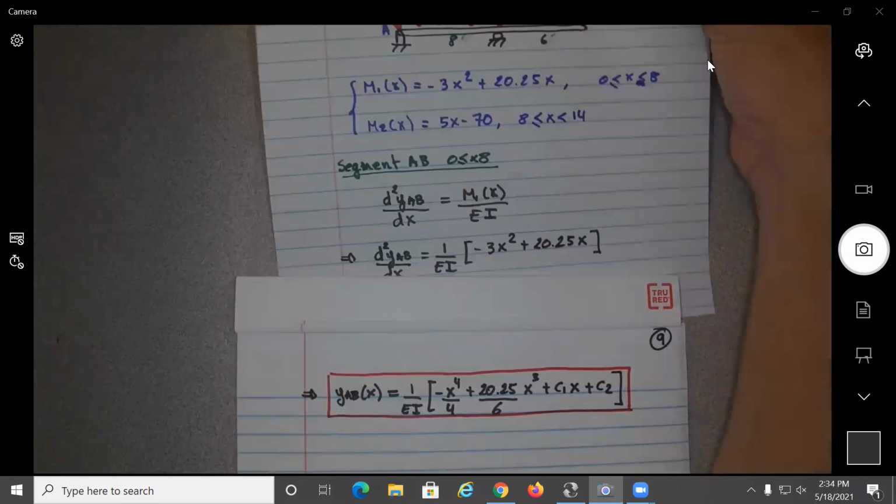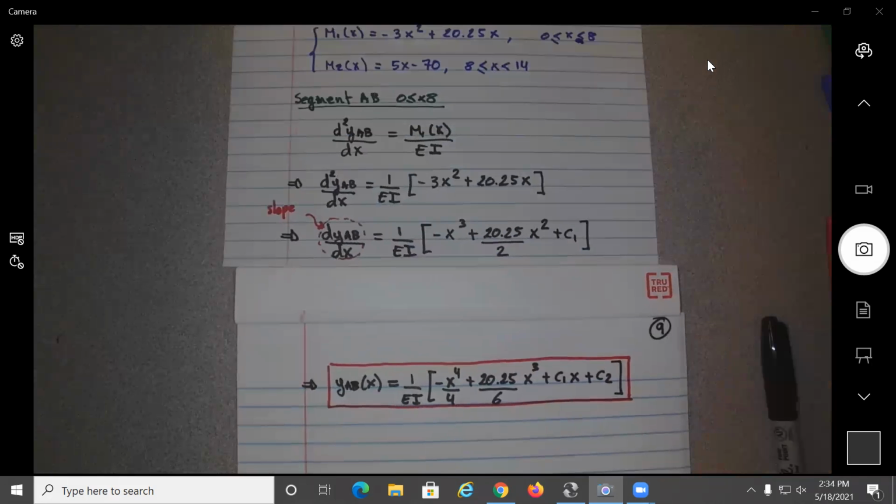Okay, let's see if I can find the equation for segment BC, and then we finish it next time.